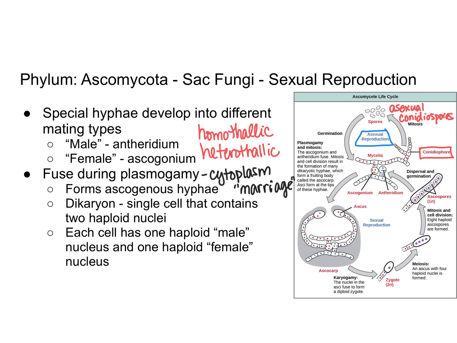So what happens during this plasmogamy, you're going to have a cell from the antheridium merge with a cell from the ascogonium. So in this picture here, we'll say that the cell with the red haploid nucleus is the antheridium. And the cell with the blue haploid nucleus is the ascogonium.